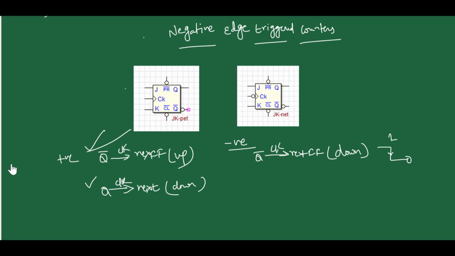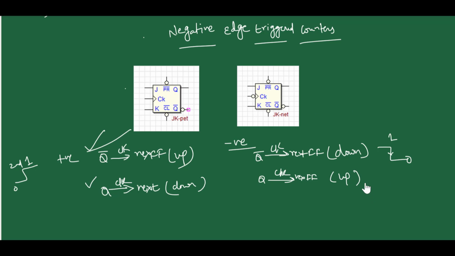In the positive edge case, your second flip-flop will respond whenever the clock goes from 0 to 1. As a result, if Q bar acts as a clock to the next flip-flop, it will be down counting. Similarly, if Q acts as a clock for the next flip-flop, it will be up counting. That I am going to show you in a moment.